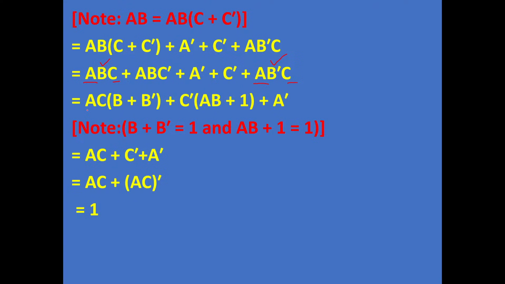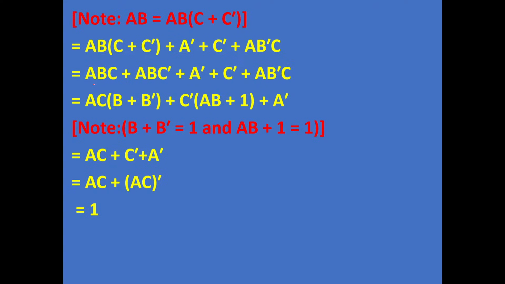So you can take AC common and write AC into B plus B bar. Now these three terms are the leftover terms. Here C bar is there, here also C bar is there. So you can take C bar common and write AB plus 1. C bar into AB plus 1, and this term is left over, so write just plus A bar.